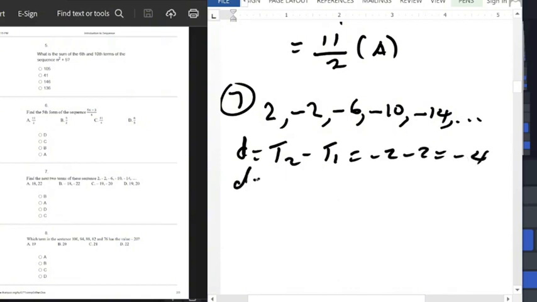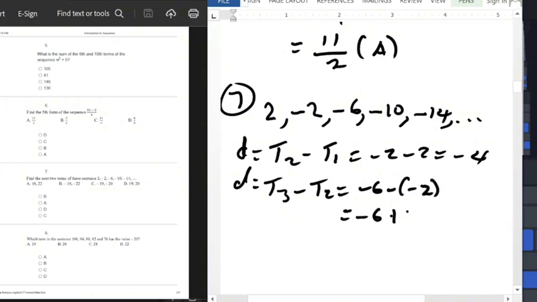Then T3 minus T2 equals minus 6 minus 2, which is minus 6 plus 2, which is minus 4. So the common difference is minus 4, which means we add minus 4 to the first to get the second, add minus 4 to the second to get the third.